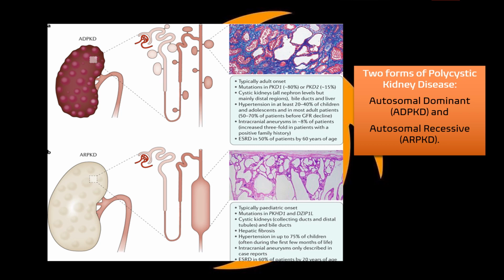In cystic kidneys, the collecting ducts, the distal tubules and the bile ducts are mainly affected. There can be hepatic fibrosis, or scarring around the liver.